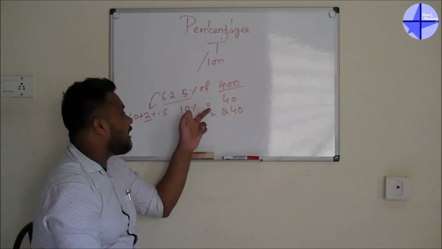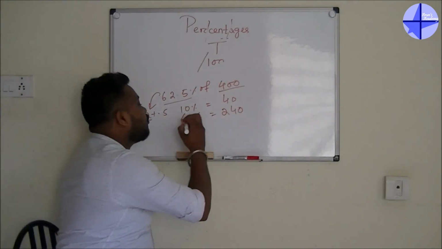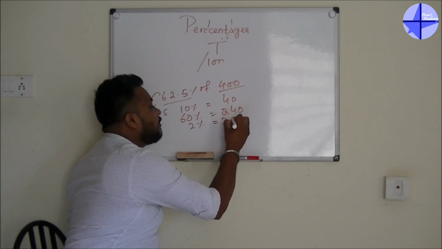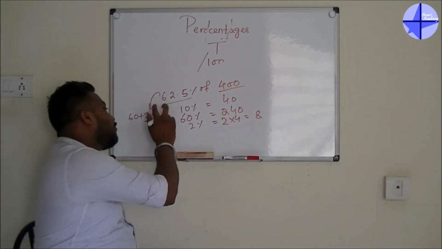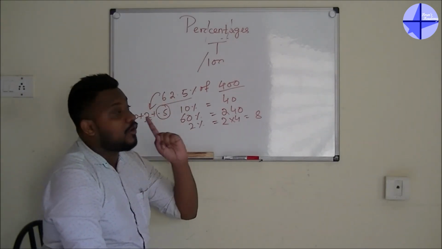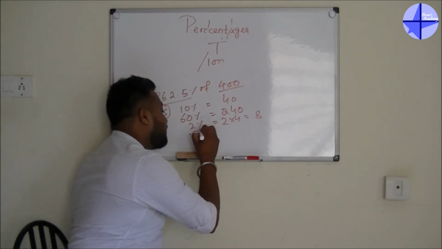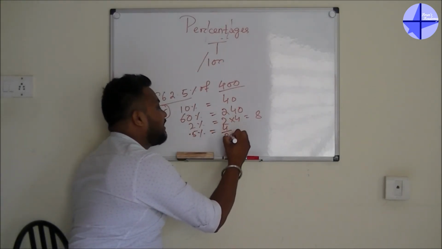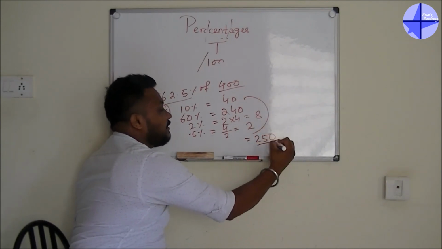I got 10% is equal to 40, so 1% is equal to 4. So 2% is equal to 2 into 4, the answer is 8. After that, I will go for 0.5. 0.5 is the half of 1. For 1 we got 4, so 0.5% is equal to 4 divided by 2. The answer is 2. Just add it, you will get 250 as the answer.